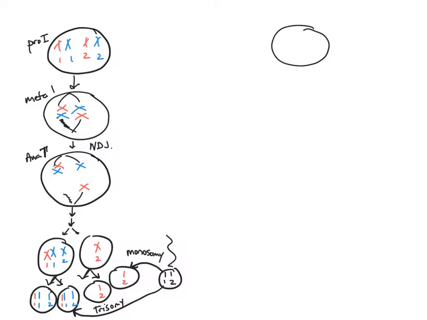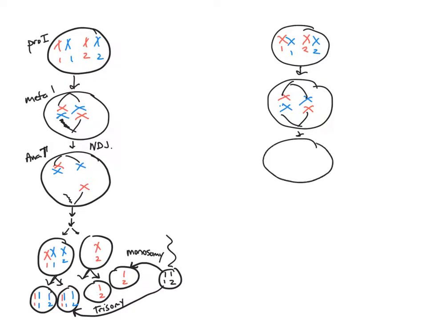So same thing, we're going to start out in prophase with mom's and dad's numbers 1 and 2. Move down to metaphase. So metaphase happens normally. The ropes will attach normally and everything will happen normally. So all the ropes made it, so we're going to go ahead and separate.